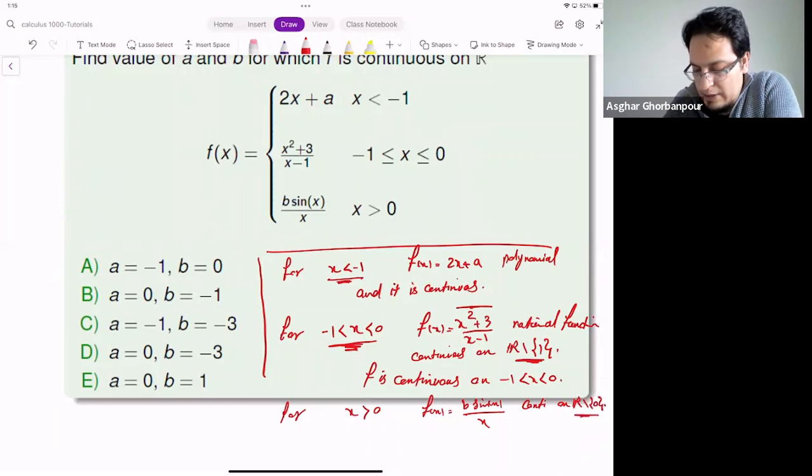But we don't need to be worried about 0 because at 0, our function is not using this formula.